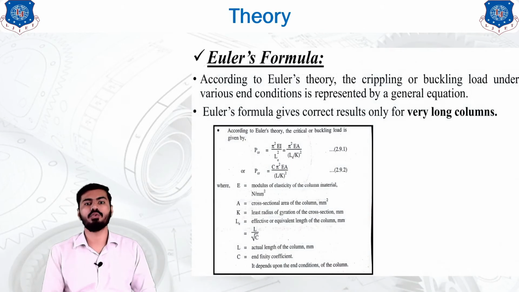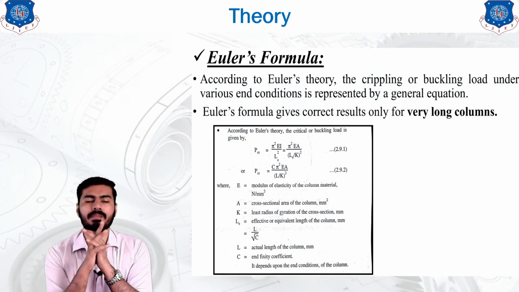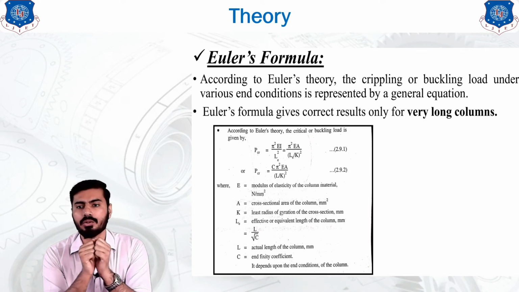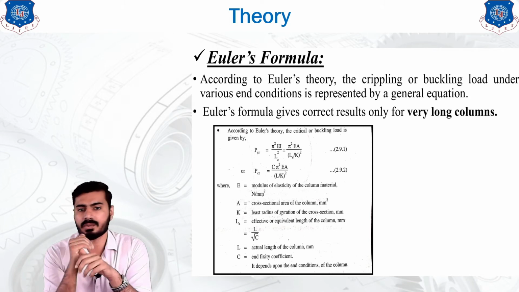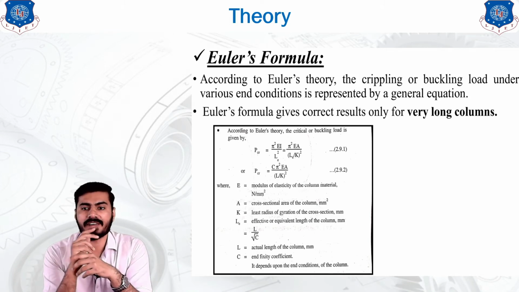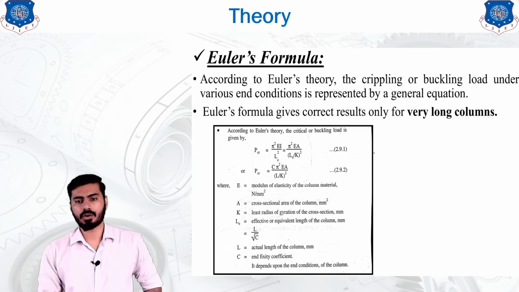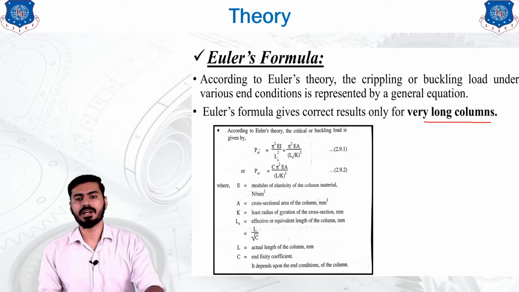Now we will see Euler's formula based on those assumptions. According to Euler's theory, the crippling or the buckling load under various conditions is represented by the general equation, and Euler's formula gives the correct result only for very long columns. So if you are considering the design of the longer column, then you will utilize the equations of Euler's theory.